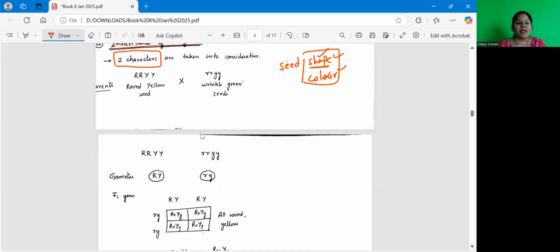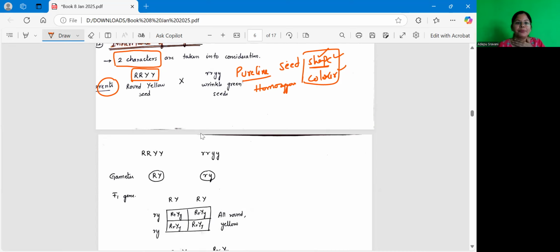Now coming to your table again, parents. Here again, Mendel has taken pure lines. Just now I explained what a pure line is: nothing but the homozygous condition of the parents. How do we get the pure line? When the parents are repeatedly self-crossed for several generations, the sixth or seventh generation will be completely homozygous.